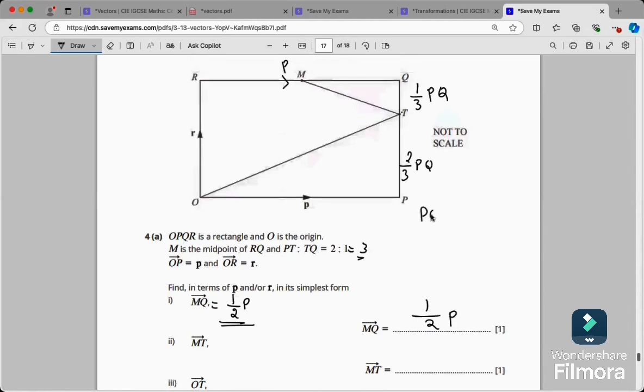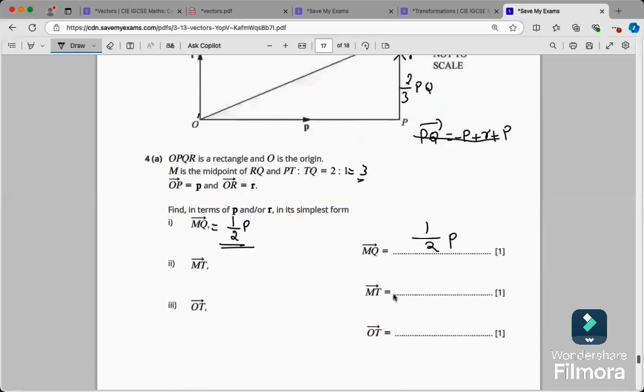So PQ is going to be P to O, so minus P, plus O to R, so plus R, and again R to Q, which is plus P, right? Oh, sorry, you can just say PQ is parallel to the, so this is going to be R, right? You don't have to do this step. You can just simply take it as R because they are parallel sides.